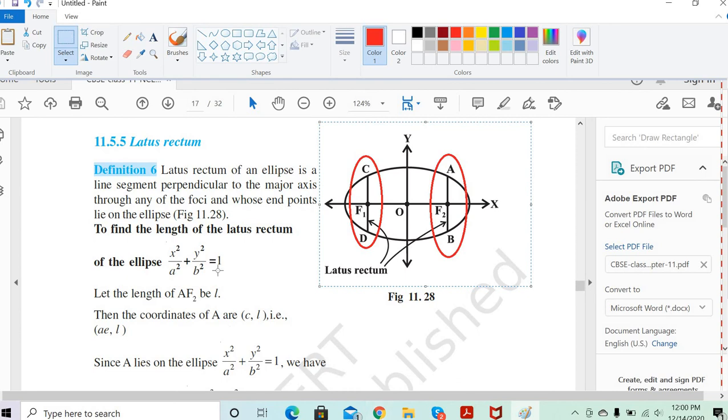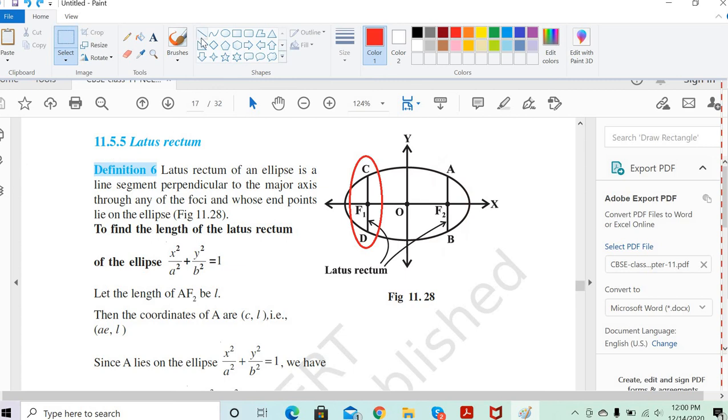Clear? Okay. Now let's define the length of the CD and the AB, because both are equal because it's symmetrical, isn't it? That is equal distance away from the center, right? Now let's define the length of AF2 to be L. So what will be the coordinate of A?